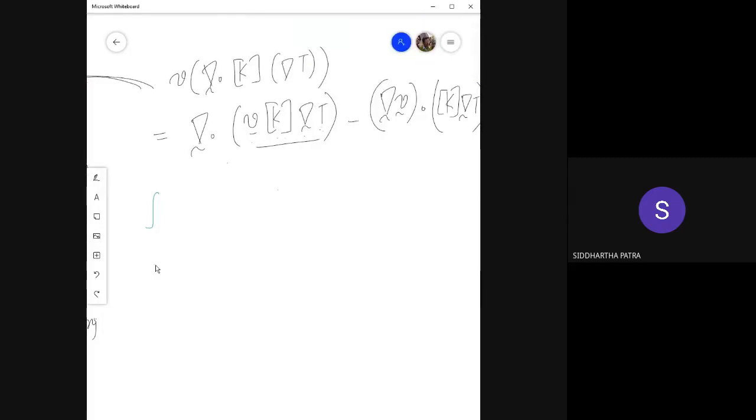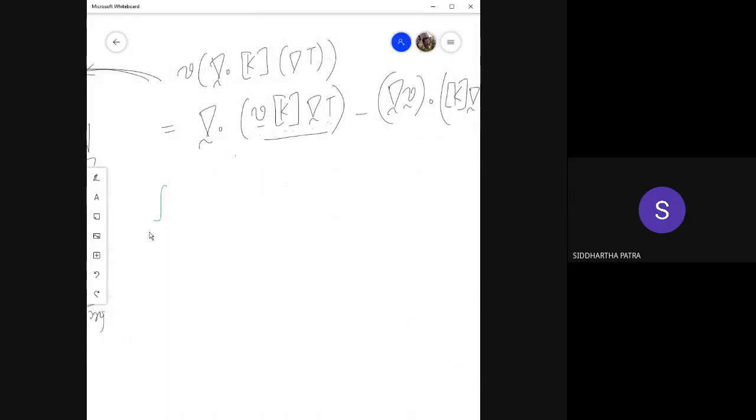So this is what I get, integration over the volume. So the first term is, okay, I can rearrange this.